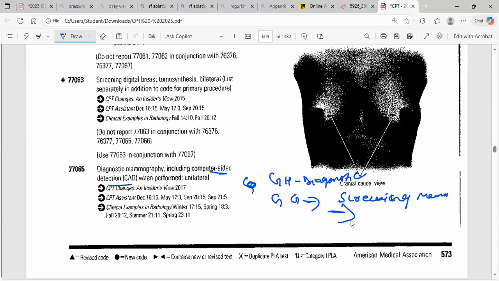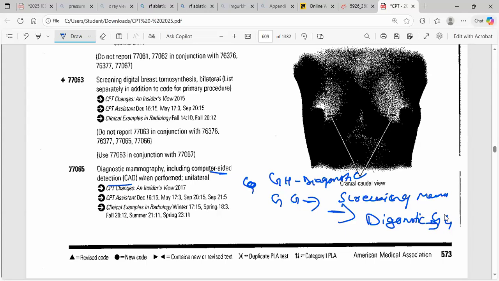So with the diagnostic study, you are going to use the GG modifier. So if it is purely diagnostic study, meaning the doctor is doing any procedure at the same time of the mammogram.